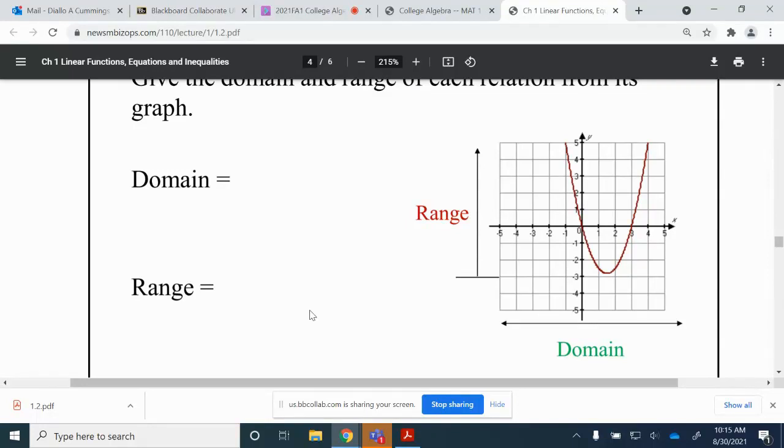All right, so let's take a look at the solution.